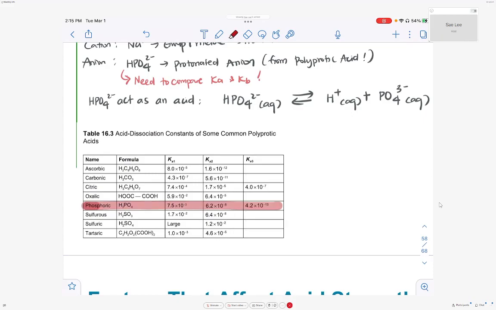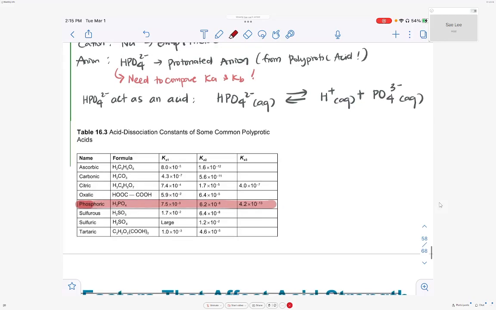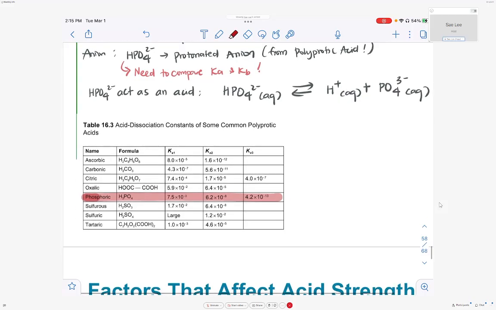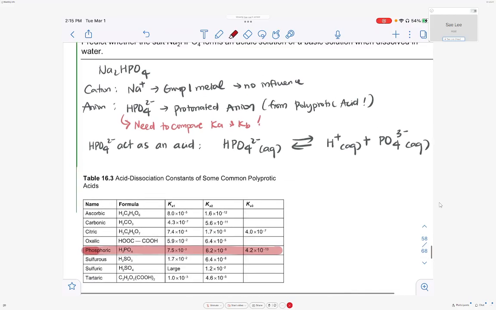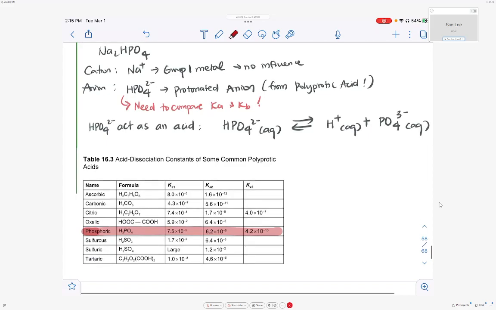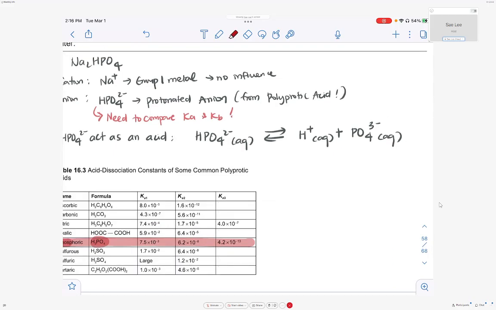Yeah. So according to this table, if you focus on this part, losing the third hydrogen of phosphoric acid will basically generate this.